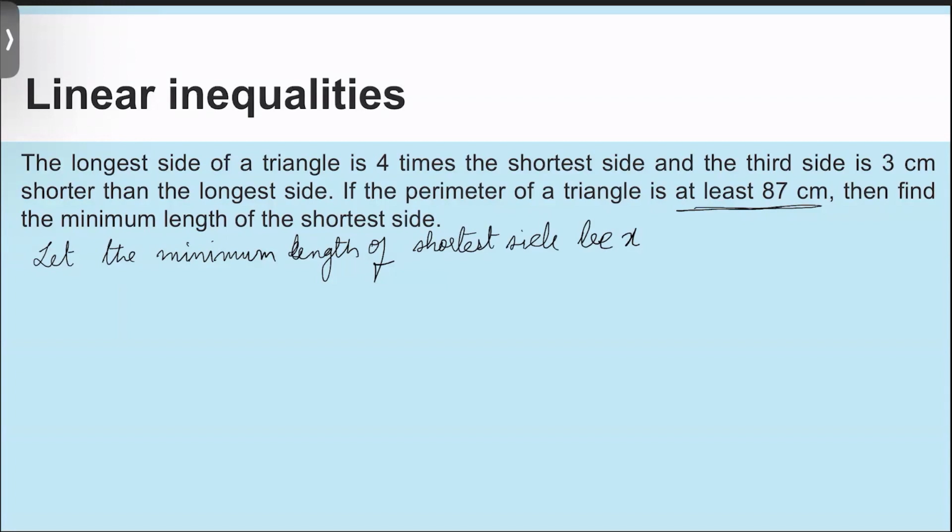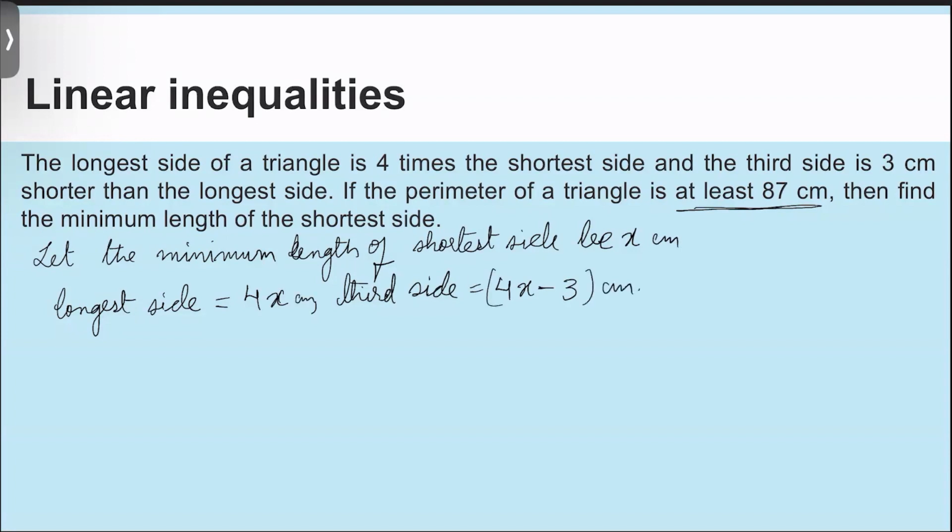The longest side is 4 times the shortest side, so it is 4x. And the third side, the condition is given that it is 3 centimeters shorter than the longest side. So that would be the longest side minus 3. So this is x centimeters, 4x centimeters, and this is 4x minus 3 centimeters.